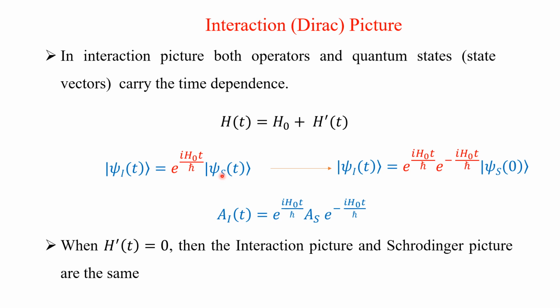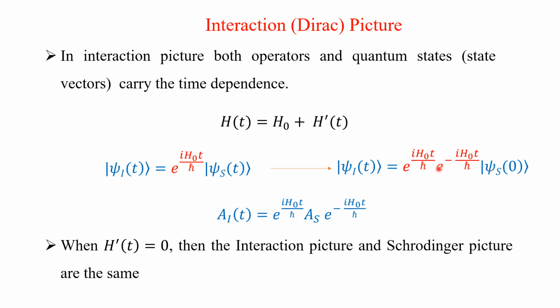This picture is very useful to solve perturbation theory. See here, you can notice one beauty: the time dependent Schrödinger equation will be taken as zero if the time evolution operator acts on this Schrödinger wave function.